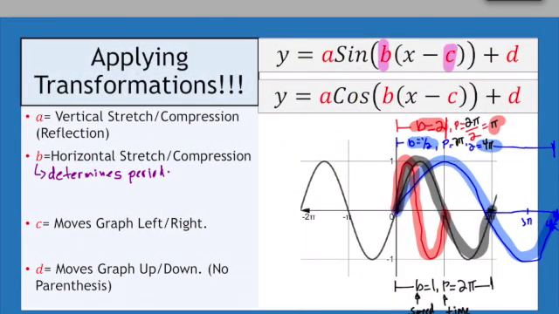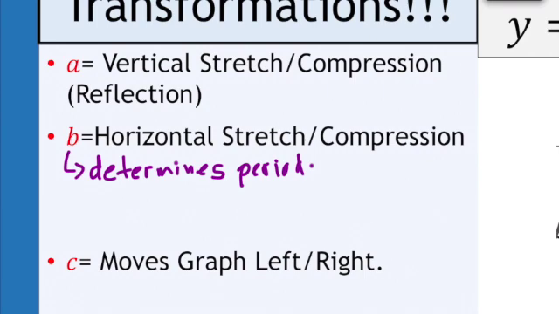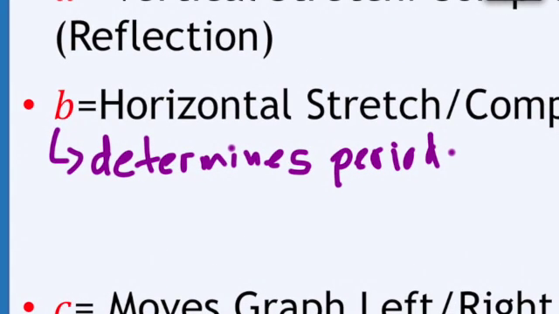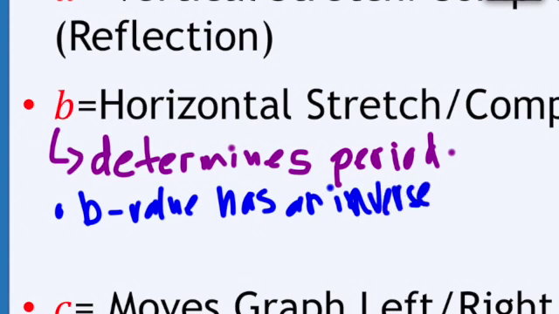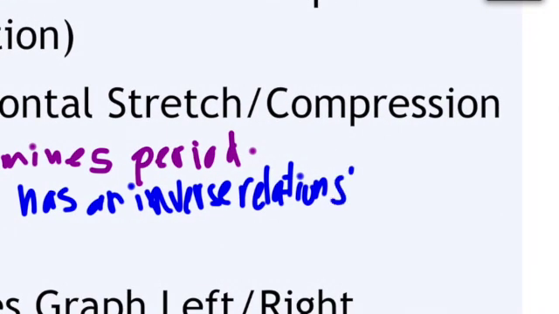So the tricky thing about the b value is that the b value has what we call an inverse relationship with the period.